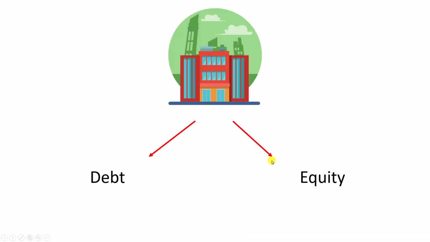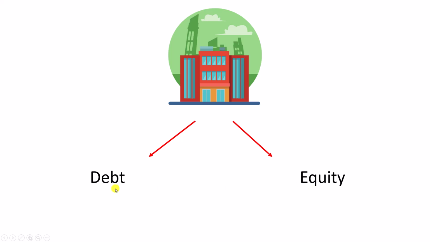Now, we will learn why equity is considered as a liability. You see, if the company has to grow, it needs money. And there are two ways to get it. One is to take a loan from a bank, or the other is by giving shares to the public.